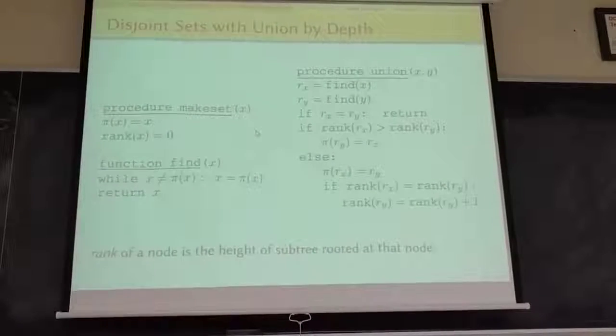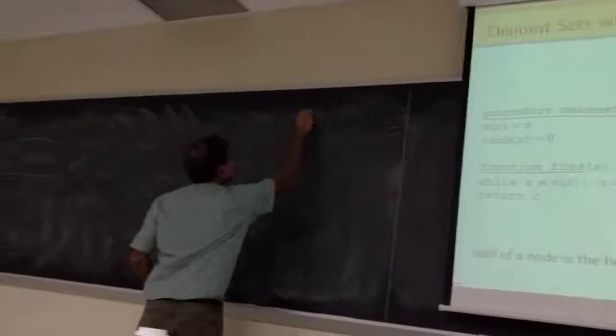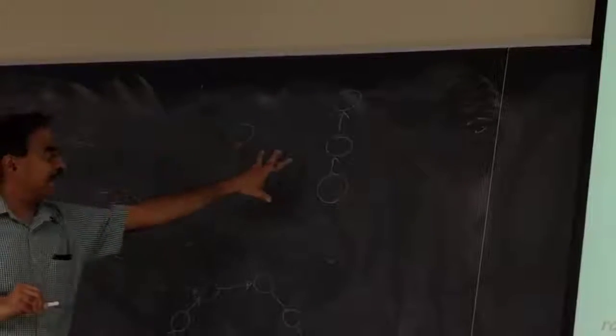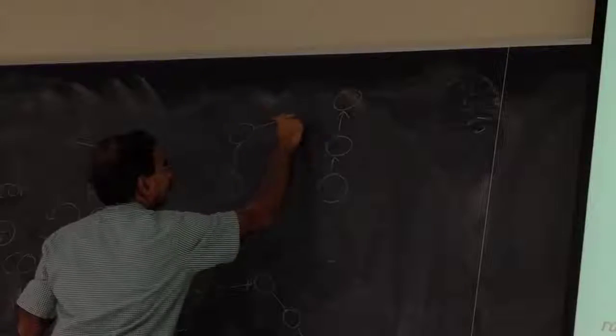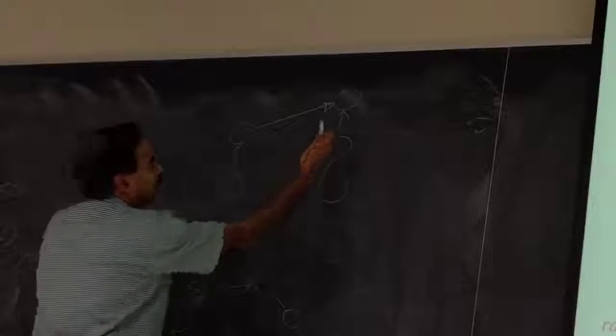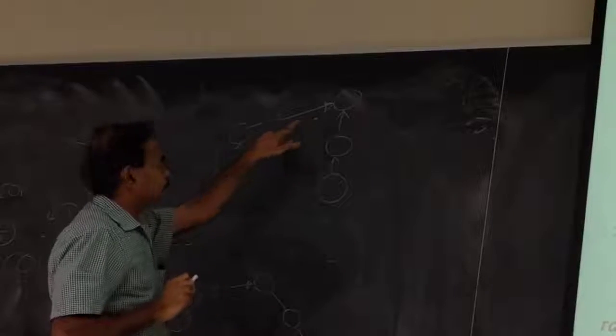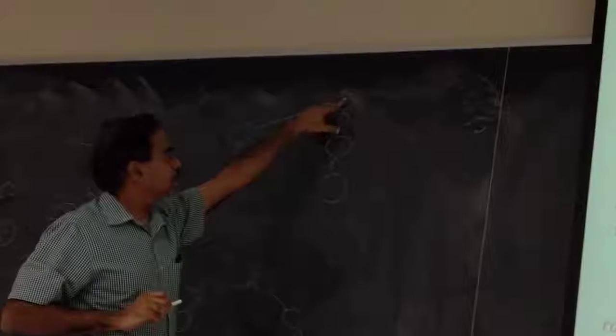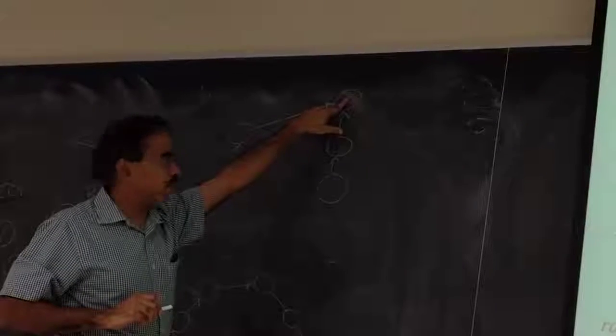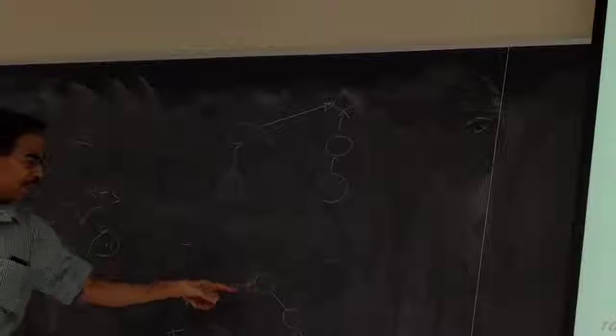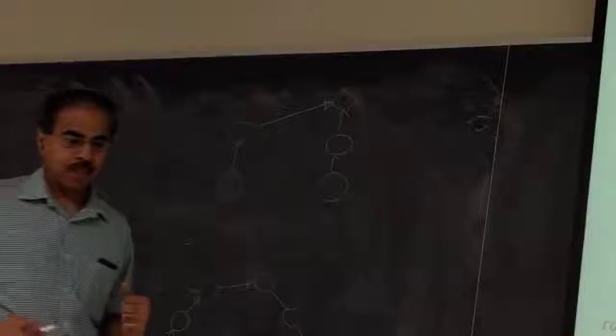If you have two trees like this, because the depth of this is less than the depth of this, you make a parent pointer this way. And because this chain is longer than this one, the addition of this arrow is not going to increase the longest chain below this. So as a result, your rank is not going to be updated in that case. The only case where you need to update the rank is if you're merging two trees, both of which have the same rank. Okay?